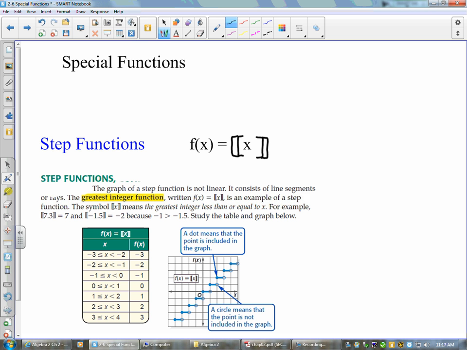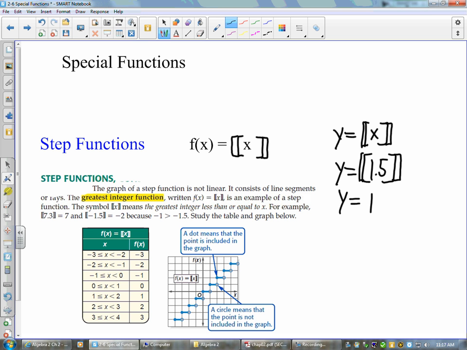So if I put in positive terms, say y equals greatest integer of x, and I put in y equals 1.5, the greatest integer of that is the same thing as saying y will equal 1.